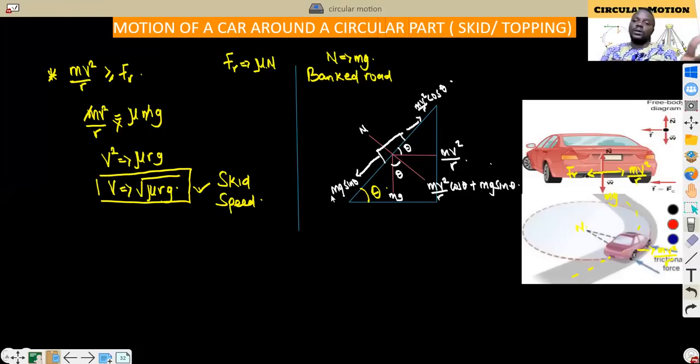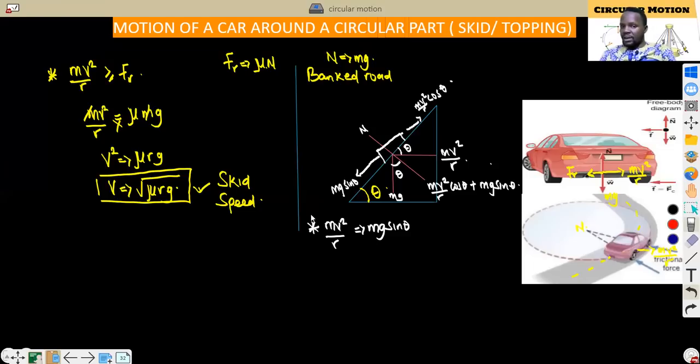Case 2, this is case 1. I've talked about safety. When the road is banked, case 2, when we say mv squared over r is equal to this, so we get the what? Situation 1, case 1, you start writing mv squared over r, balance out mg sine theta. What happened, my dear students?